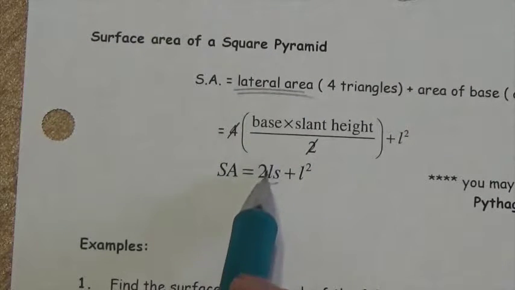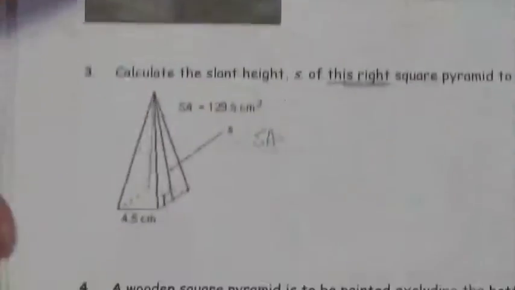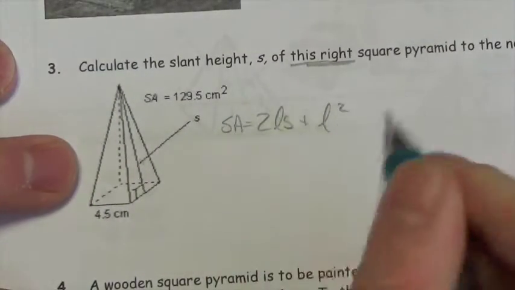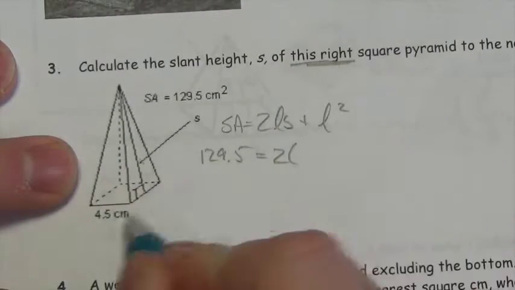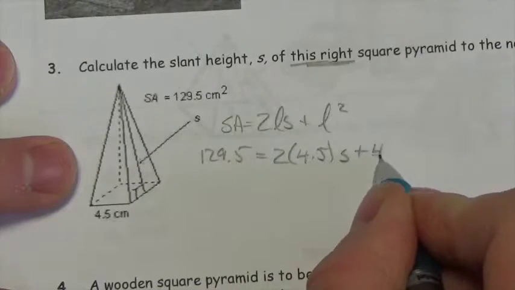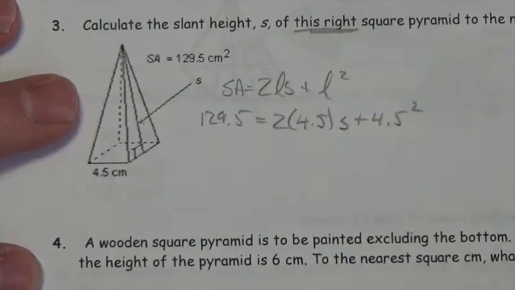So this is the length of the bottom times the slant height plus the length of the bottom squared. So it's going to be 2ls plus L squared. Now we know that this is 129.5. We know that the base here is 4.5. What we don't know is the slant height. And then again, we've got the 4.5 over there squared.